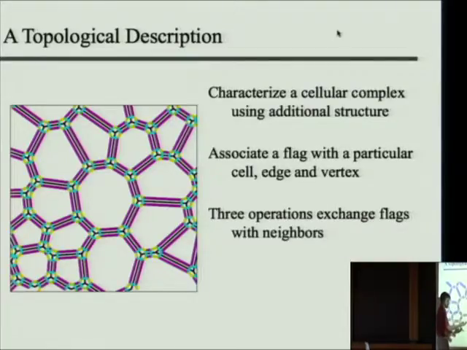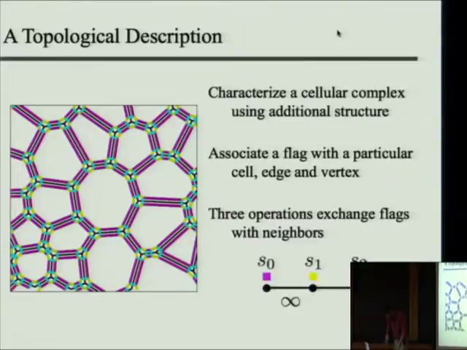There's always 3 operations, which will either exchange your vertex, which are the purple ones, exchange your edge, which are the yellow ones, or exchange your cell, your face, which are the blue ones. And so you can put down this structure, and actually this forms a Coxeter group.